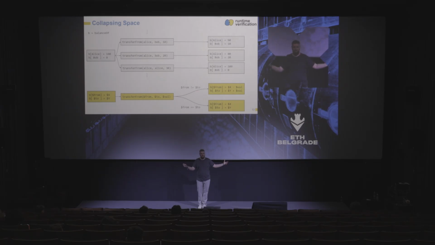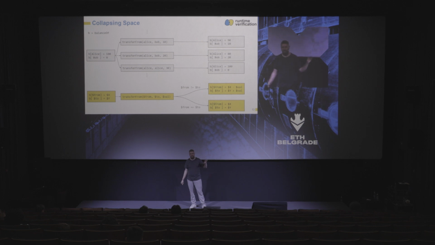So what we do instead is execute a transaction from an abstract state. Instead of saying we are transferring from Alice to Bob, we're just saying we are transferring from somebody to somebody. And these somebodies are just variables, $from and $to. We don't make any assumptions about their balances. We say it's X and Y. Then we make an abstract transaction, transferring some value from some address to some address.